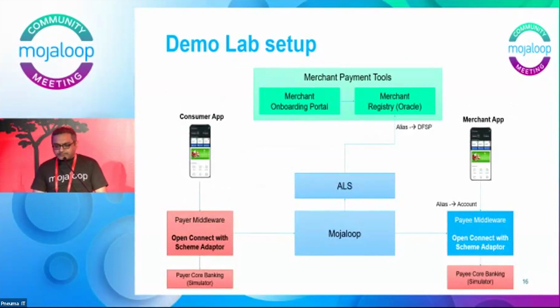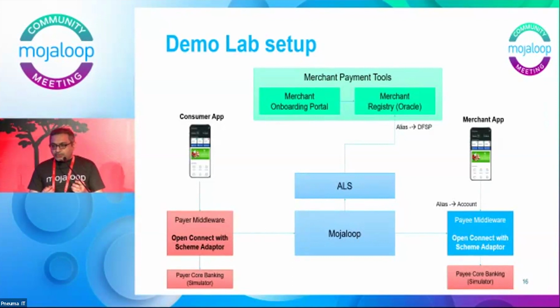And we, as a company, Paces, have our own middleware called Open Connect, which we use for integration. So we integrated, used the scheme adapter, and our team connected it to the Mojo Loop and has set up a consumer app and a merchant app just to have this whole demo lab environment.